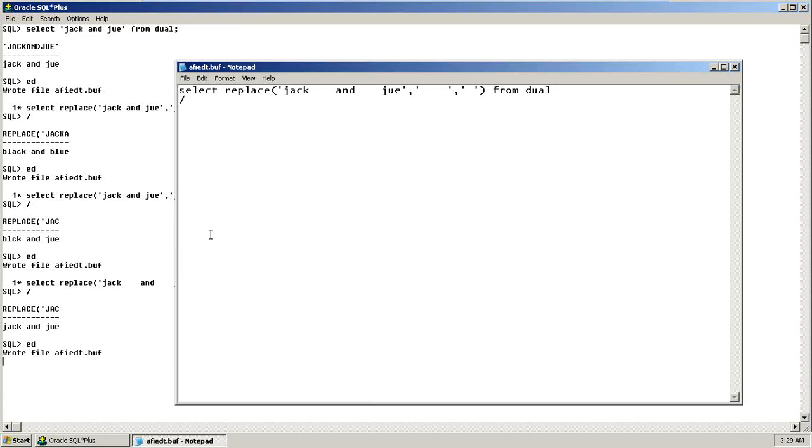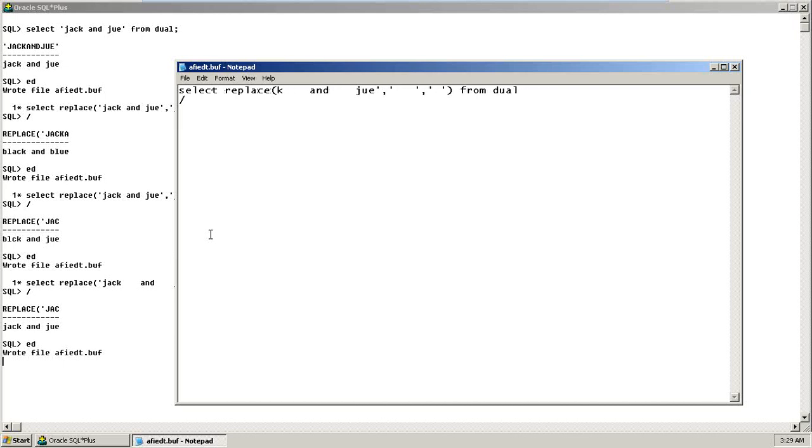Similarly, we have another function, the translate function. First of all, we'll do something more with the replace function. Here I'm using replace on the job designation in the employee table.